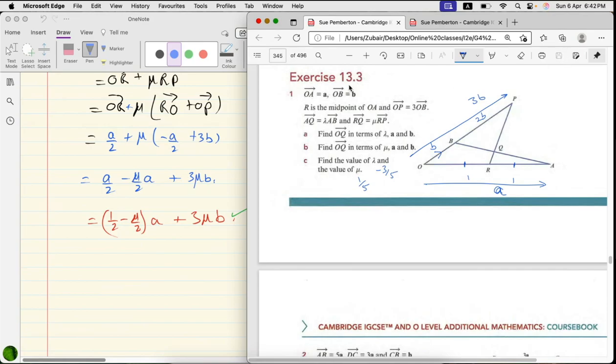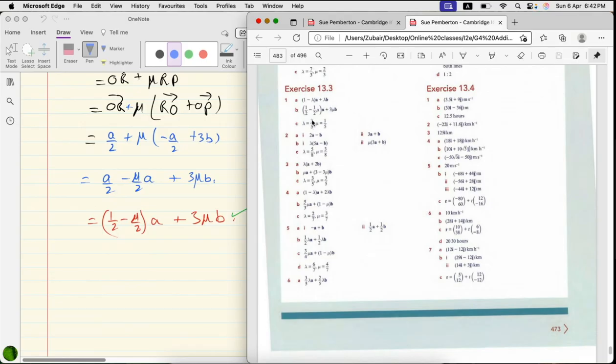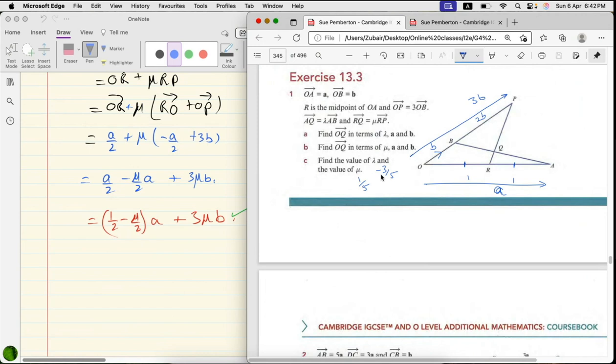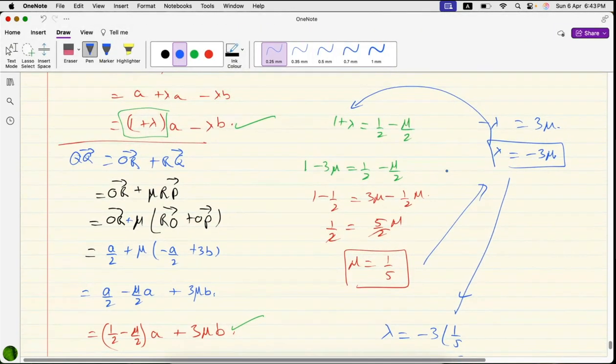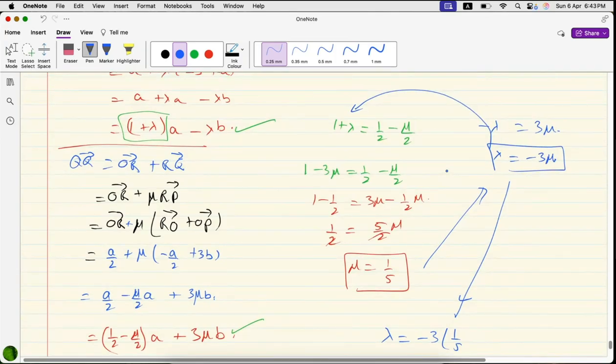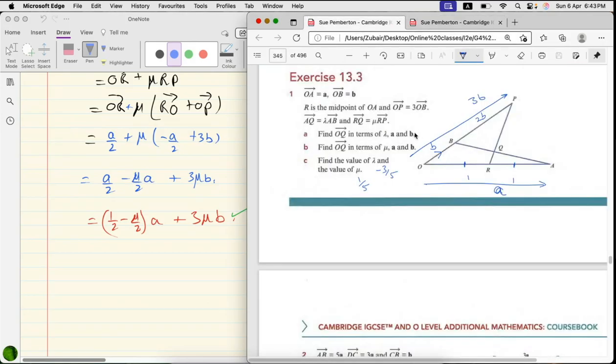This is question 13.3, question 1. The answer says lambda 3 by 5, mu 1 by 5. But I'm getting a negative sign. Let me quickly check that. Mu is 1 by 5, lambda is 3 by 5.